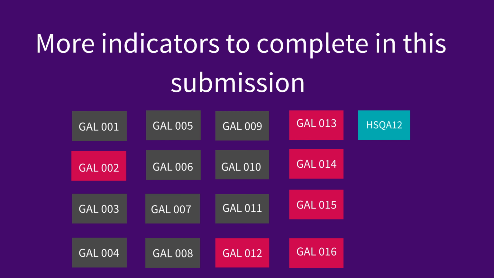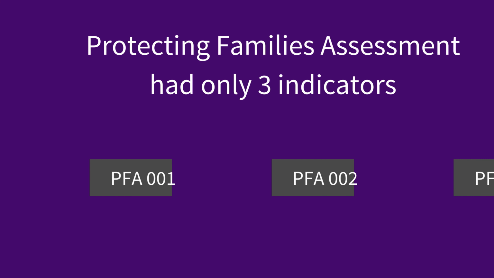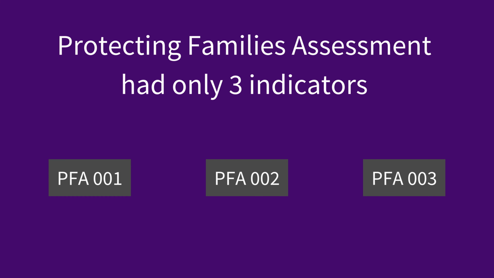So some of these indicators are musts, which are the ones in grey. Some are shoulds, which are the ones in pink. And at the very end, you've got an indicator which is in light blue, which is the HSQA12. So whereas in the protecting families standard, there were 3 indicators and they were all musts.